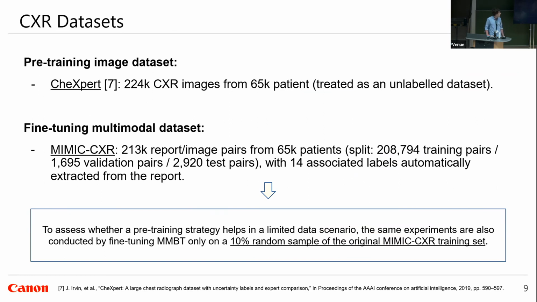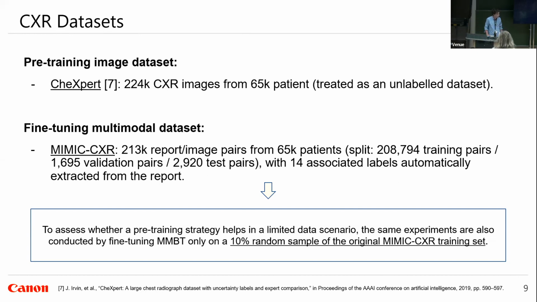And the multimodal data set we consider is MIMIC-CXR, which is the largest open source multimodal chest X-ray data set, which also contains roughly the same number of image and report pairs, and also around the same number of patients.